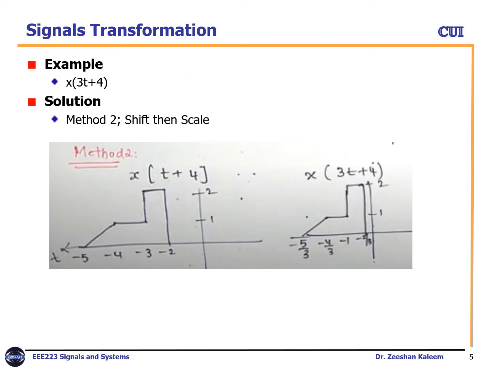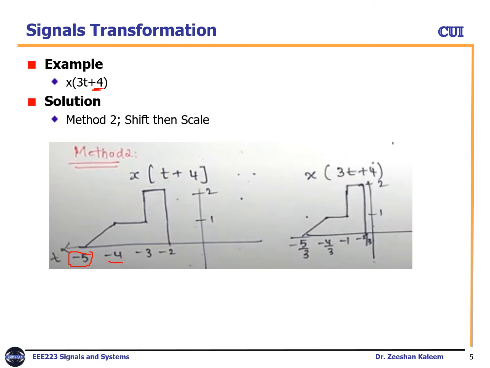For shifting and scaling, as we know, first we have to shift. So shift by the factor 4. So plus 4 means that it will be shifted to the left by 4, right? So left by 4 means we have to subtract 4 from the original signal's values. So previously there was a minus 1 here, so minus 1 minus 4 would become minus 5.